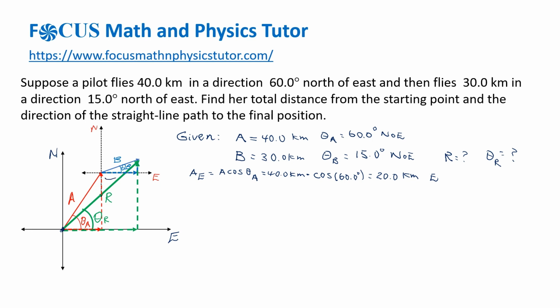The east component of B, that's to mean this one here, is B cos theta B. All right, 30.0 kilometers multiplied by cosine of 15 degrees. That's equal to 29.0 kilometers.